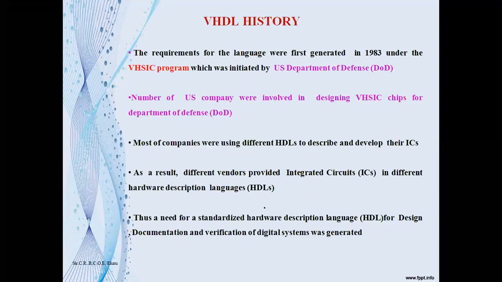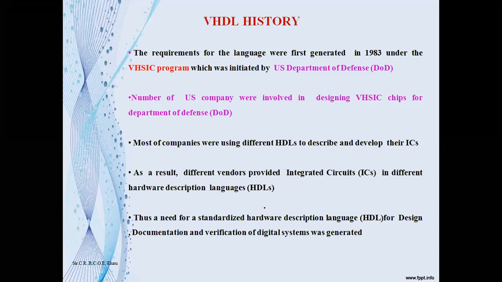Now coming to the hardware description language itself, let us see the history of VHDL, because our entire subject is based on VHDL. Here we will see a short brief.